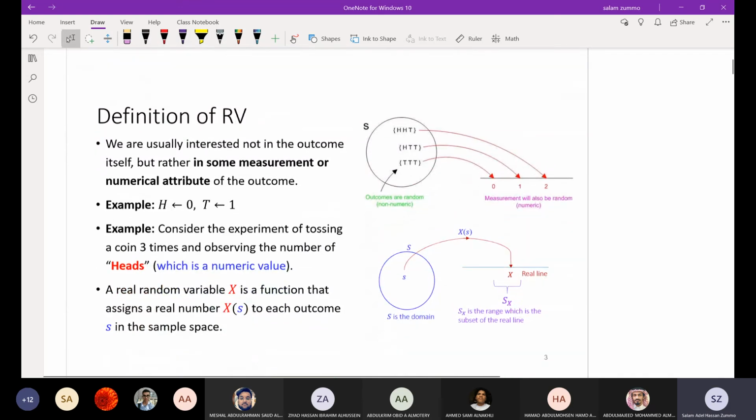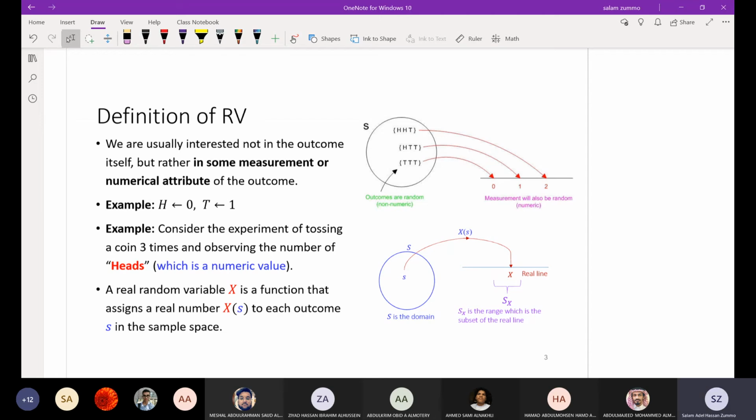So the definition of random variable, we'll just introduce it to you so that I motivate the next class. Now, as you will see as we go through the course, and as I mentioned before, in many cases we are not really interested in the outcome itself of an experiment. We are interested in some numerical measurement of that outcome.